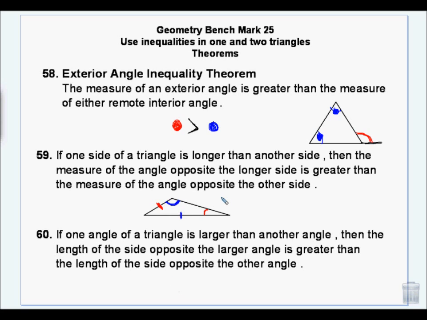It just makes sense. Like if you have a long side, that means the angle's opened up further than if you have a short side. Does that make sense? So if you have a long side, the angle that opened up to make the long side is going to be bigger than the angle that opened up to make the short side.